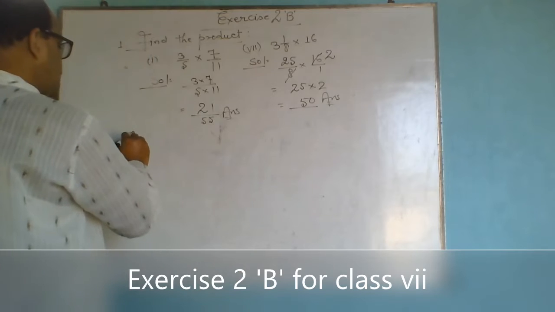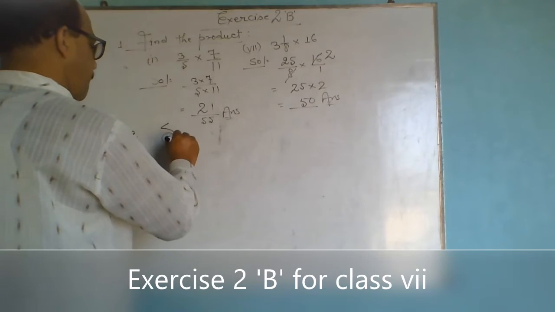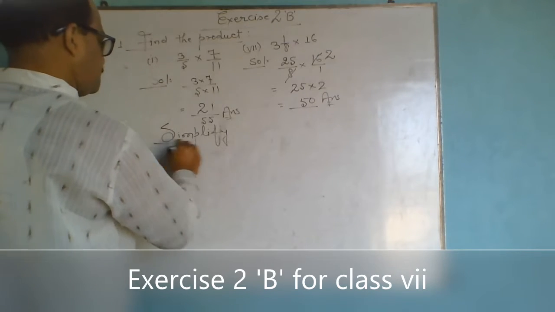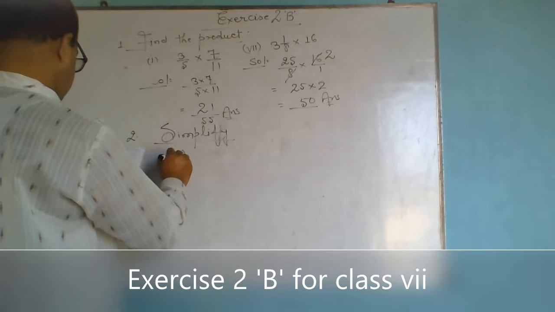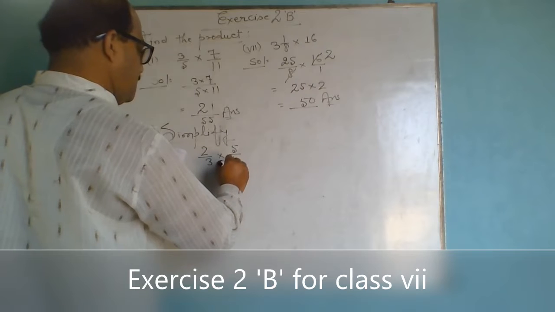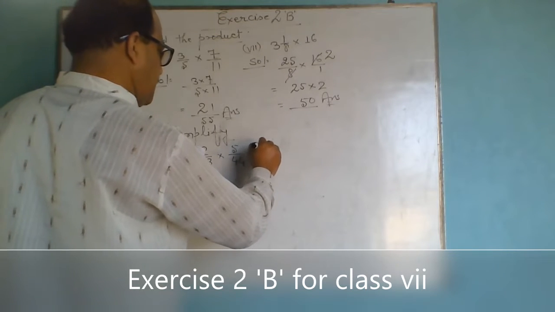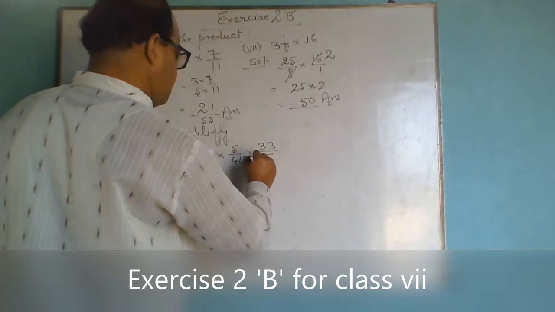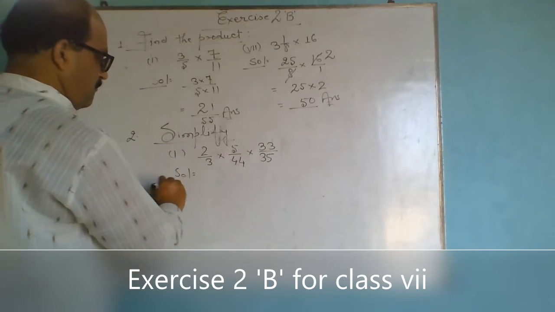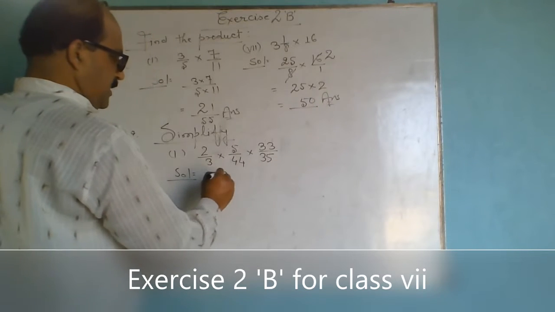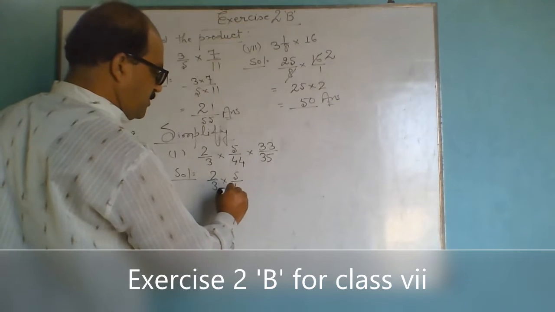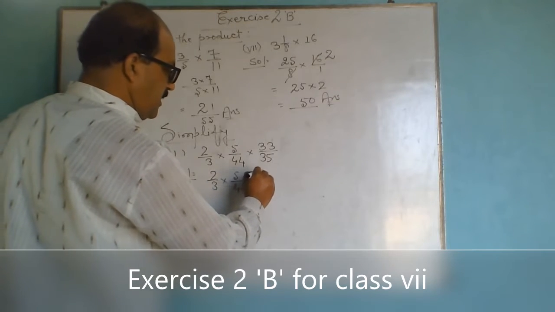In question number 2, simplify. 2 by 3 into 5 by 44 into 33 by 35.